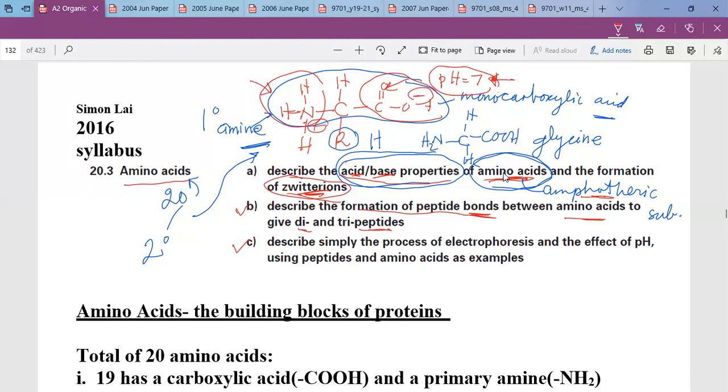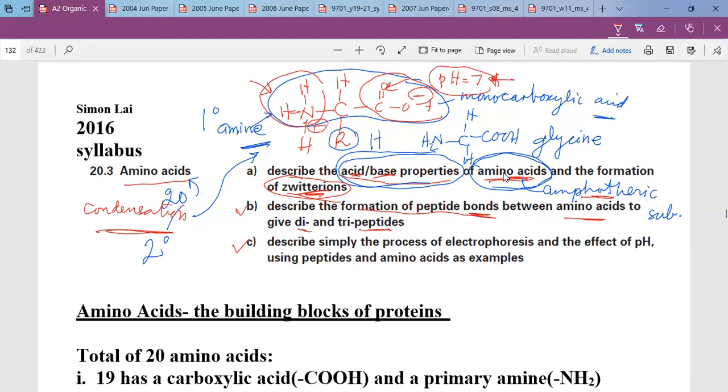Di means two, tri means three. And you can see how they are joined. Of course, they do it by this thing called a condensation reaction, which means the water will come out.